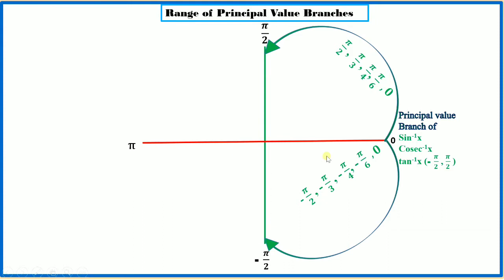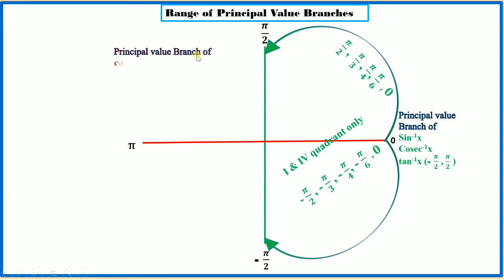Similarly, now we have completed three inverse trigonometric functions. Now we'll move towards the remaining three. Here we have, as I told you, first and fourth quadrant. First quadrant is this one, fourth quadrant is this one. Now similarly we'll go there also.